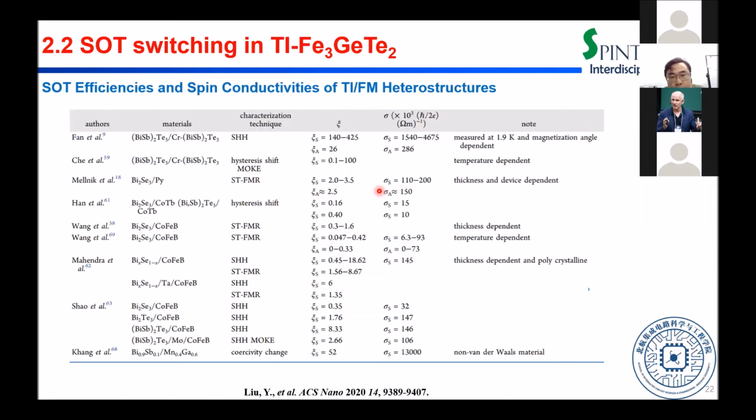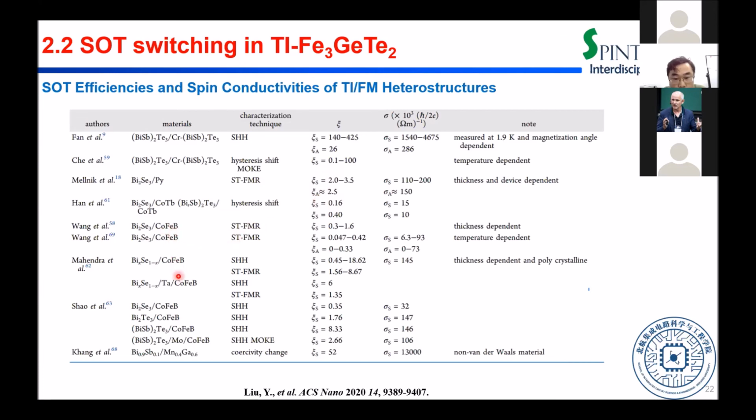Actually, one good material is to integrate it with a topological insulator. A topological insulator has a very high spin Hall angle compared to the already used platinum and tungsten. A lot of people have reported the spin Hall angle of these materials, especially with cobalt and boron.